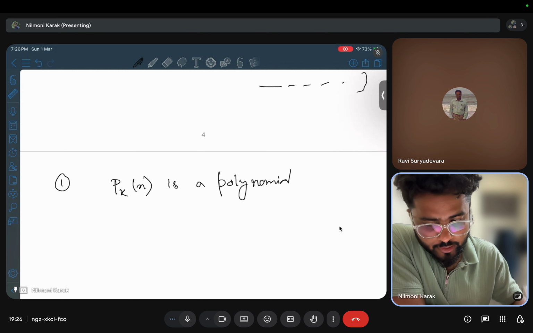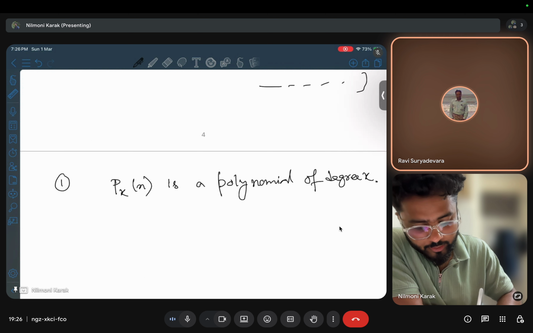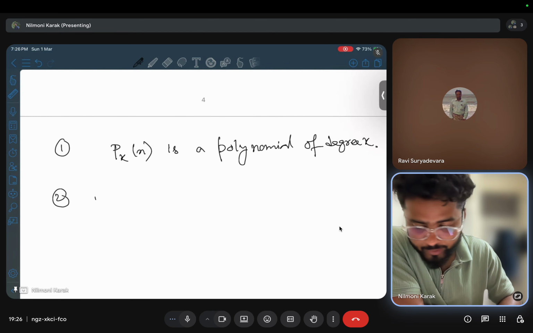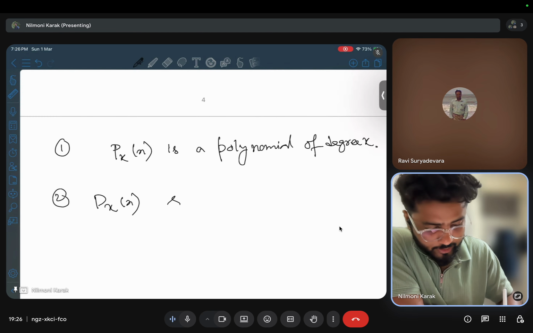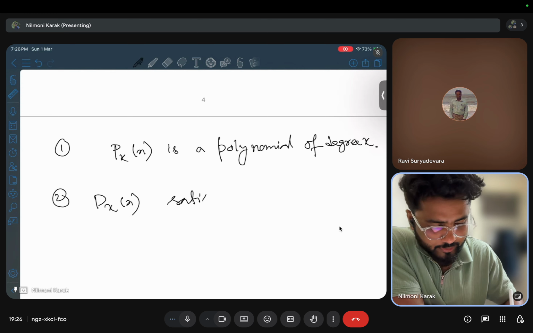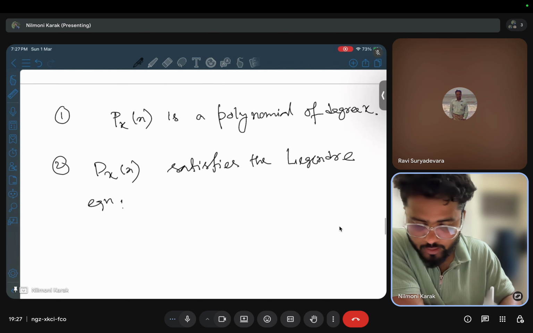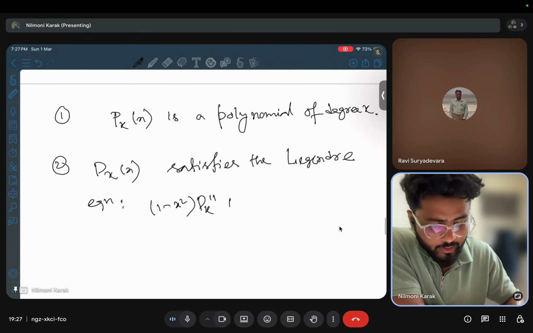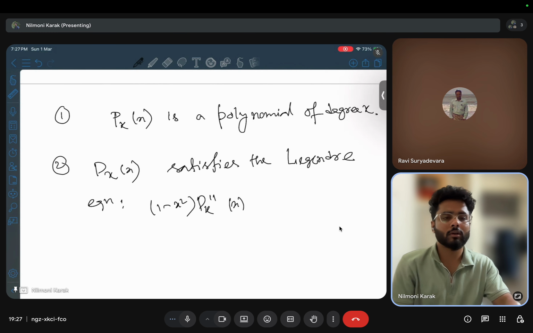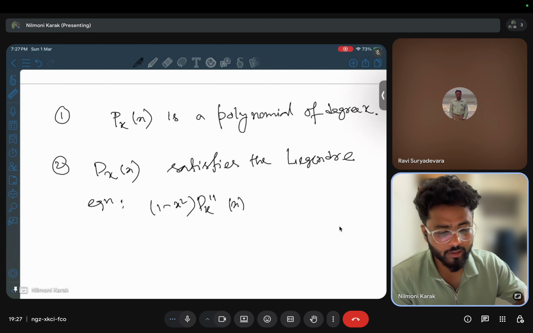P k x is a polynomial of degree k, and P k x satisfies the Legendre equation 1 minus x square P k double dash x. That means this is a particular solution of this differential equation, right?